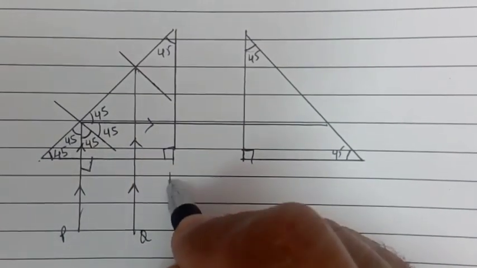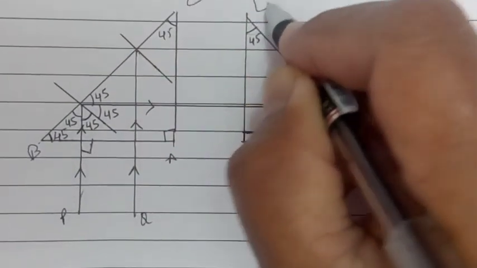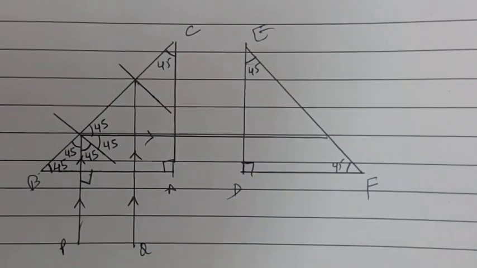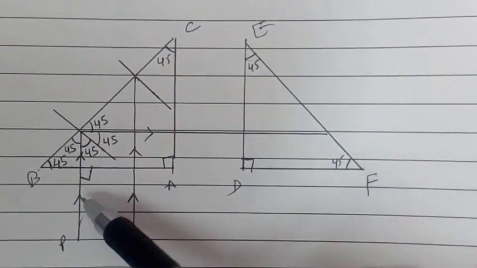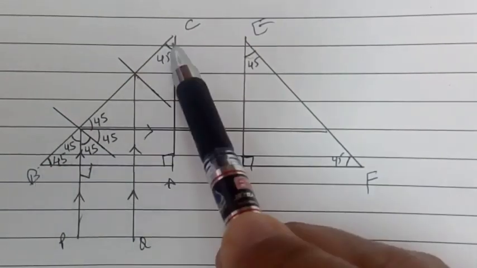Let us call the sides A, B, C, D, E, F. So ray P strikes AB, normally goes straight, then strikes BC.